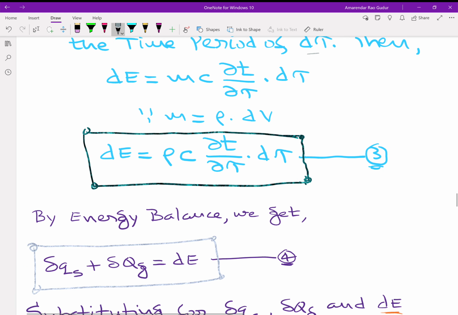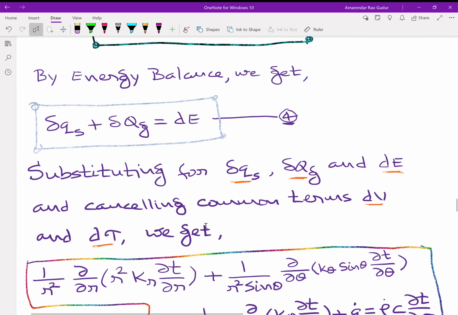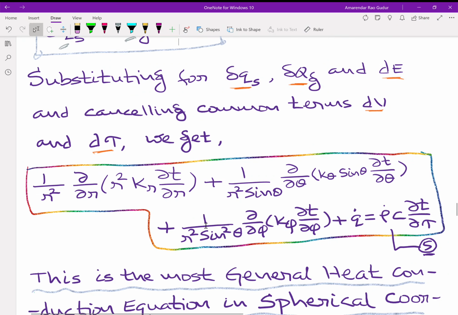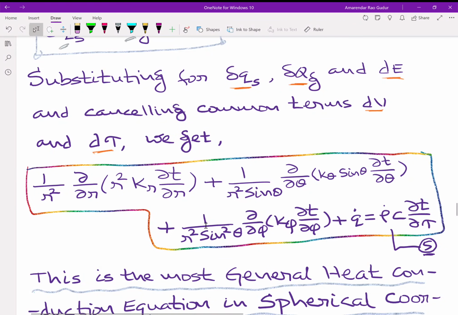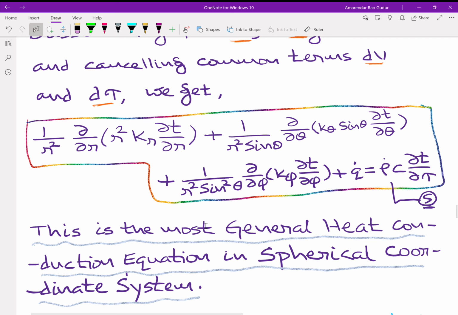Then by making energy balance, we realize that total energy stored plus total energy generated is equal to increase in energy of the element. Then we substitute for energy stored plus energy generated in this energy balance equation. Then we cancel out the common terms, the dV and d tau, and we get equation 5 as 1 by r square del by del r of r square kr del T by del r plus 1 by r square sin theta del by del theta of k theta sin theta del T by del theta plus 1 by r square sin square theta del by del phi of k phi del T by del phi plus q dot is equal to rho c del T by del tau.